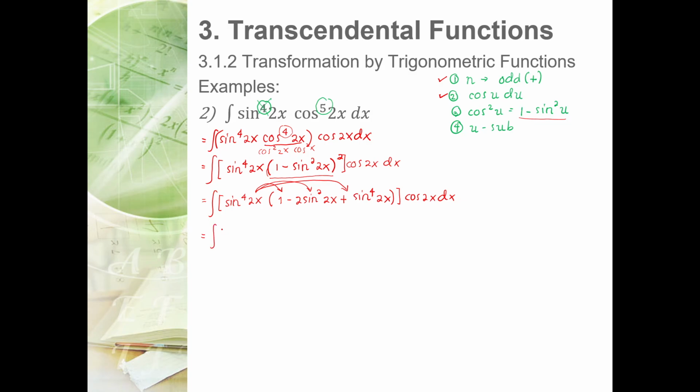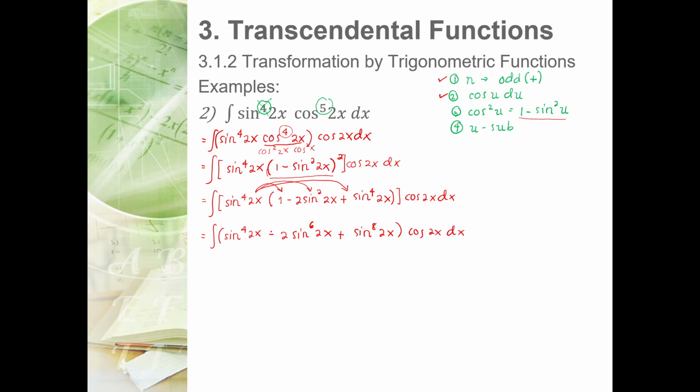So what happens to the equation is now you have sine to the fourth 2x minus 2 sine to the 6th of 2x, and then plus sine to the eighth 2x, then cosine 2x dx.